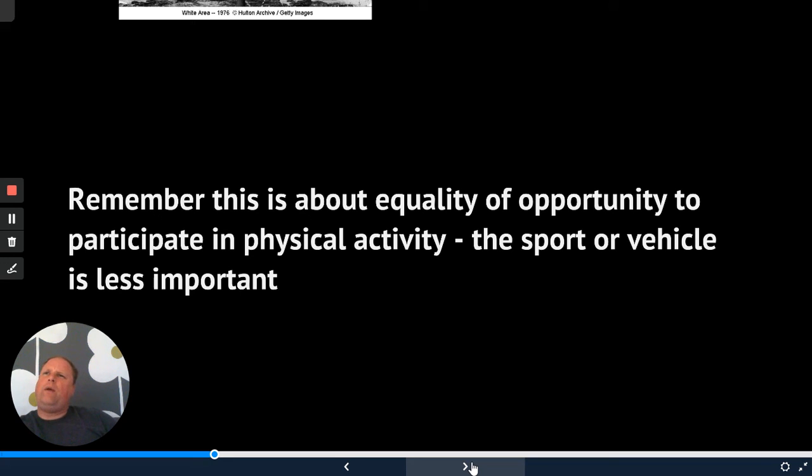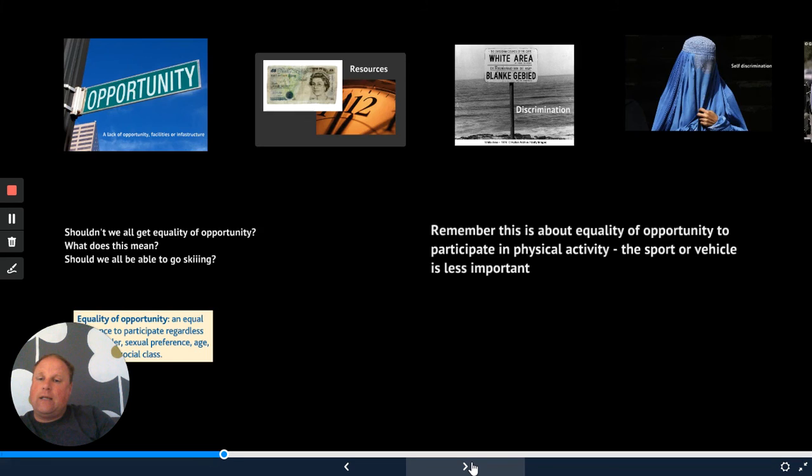Whereas perhaps if we went into inner city Portsmouth, it might not be football. Of course, it's going to be football in Portsmouth, but it may be that boxing is more of an appropriate activity for that particular community. So Sport England aren't necessarily interested in one particular sport. They're interested in how we create that equity and equality of opportunity through the sporting activities that they can offer.